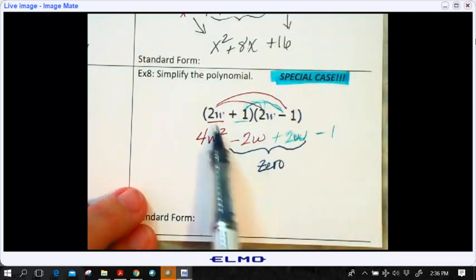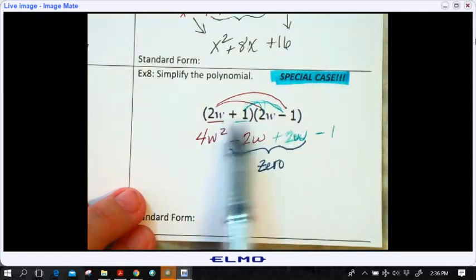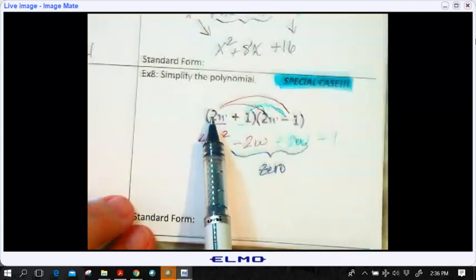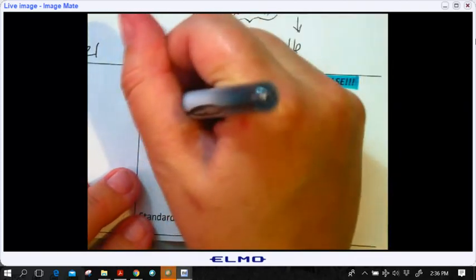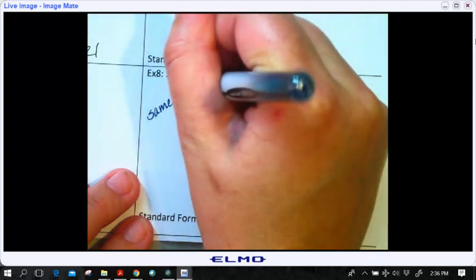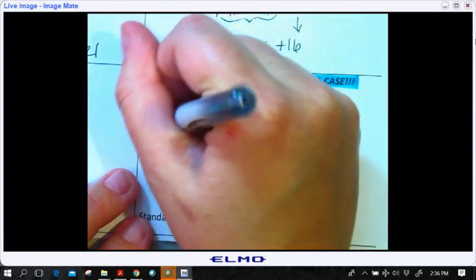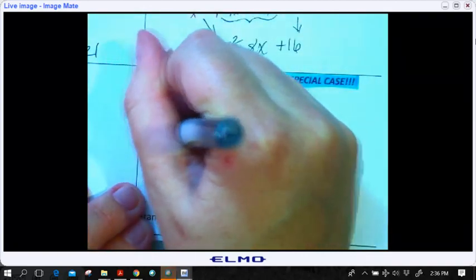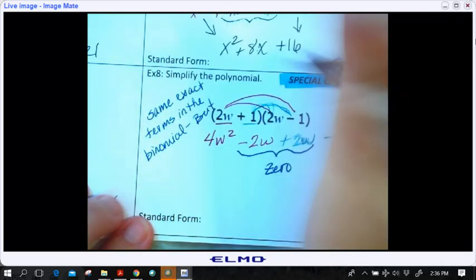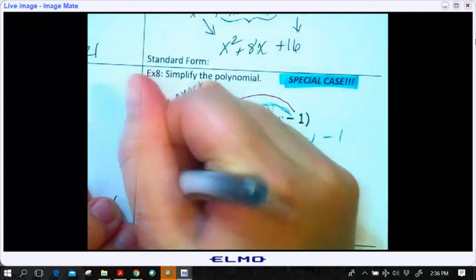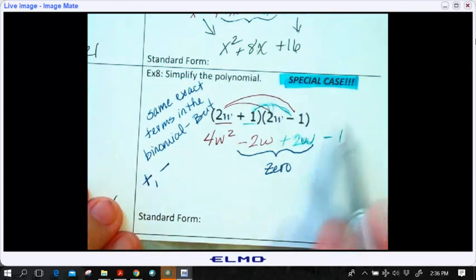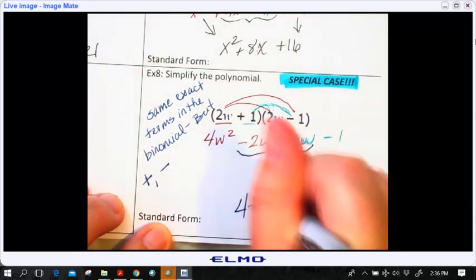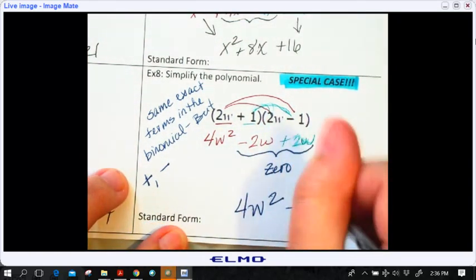So when I have a binomial that has the exact same terms in the front and in the back, but one is positive and one is negative, that is when I lose these middle terms and I just end up with 4w squared minus 1.